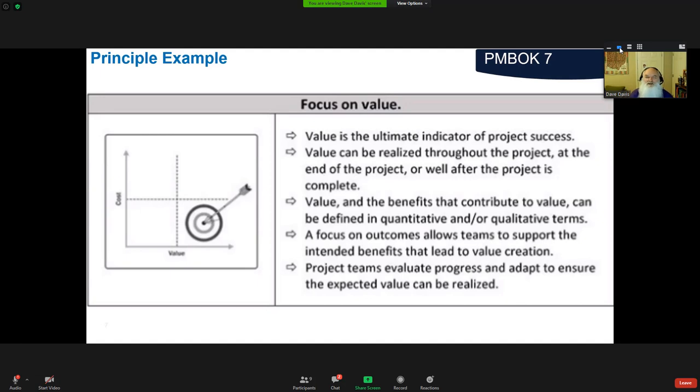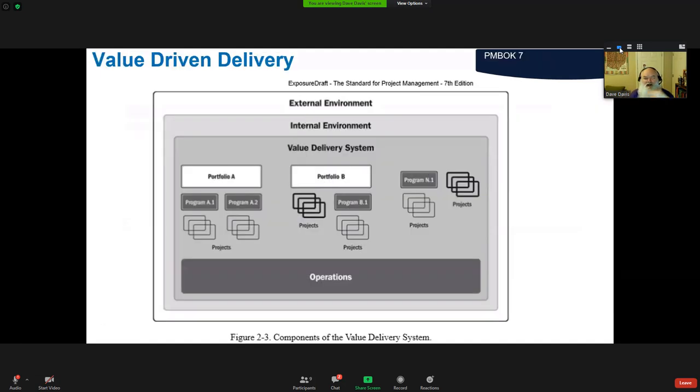So taking value to the next step, we talk about value-driven delivery, and here in this value system, anchored in operations, if it's not out in operations available to the public, you don't really have anything. And notice some familiar terms here like portfolios, programs. Programs can just stand on their own. Individual projects can just be a part of the value delivery system. Not everything fits into a three-tier hierarchy.